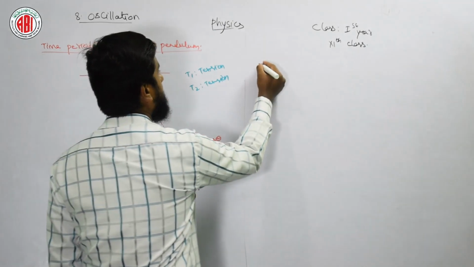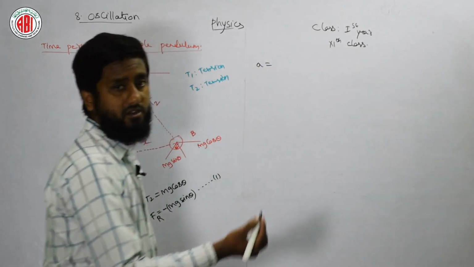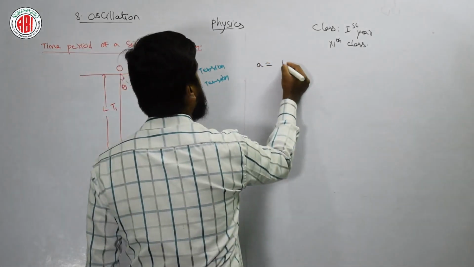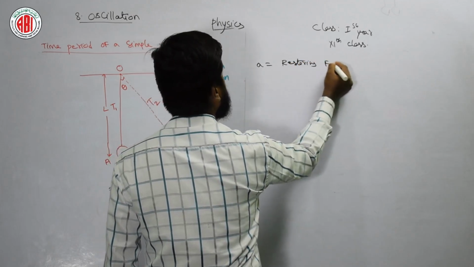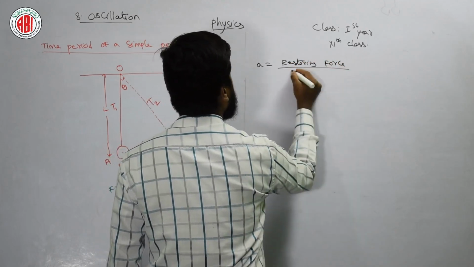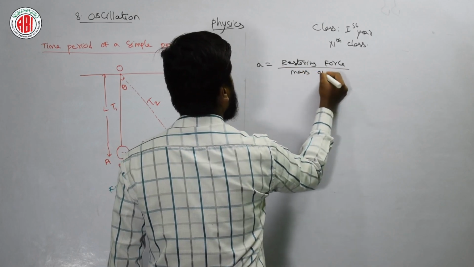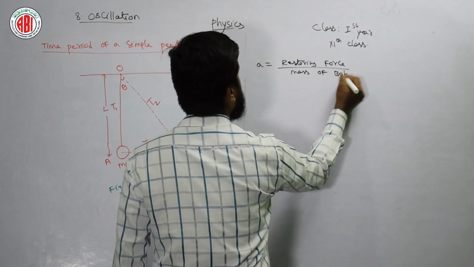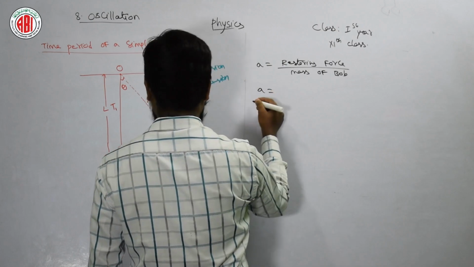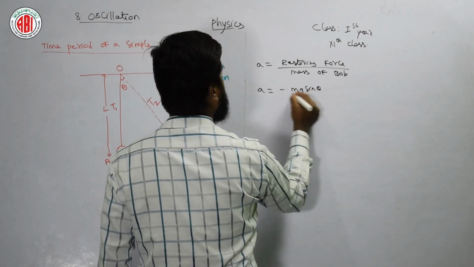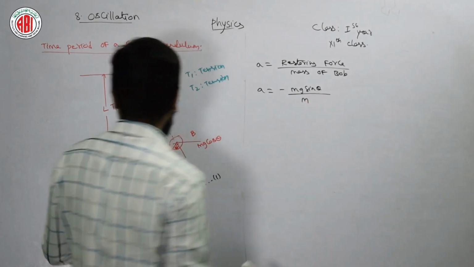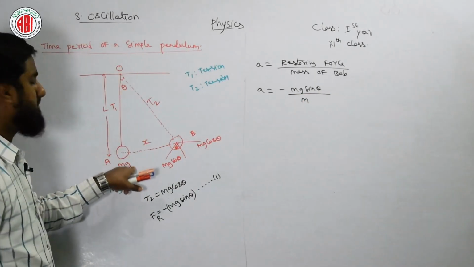Now the acceleration a is given by the restoring force divided by the mass of the bob. Here a is equal to minus mg sin theta divided by the mass of the bob, which is only m, whereas g is gravity.